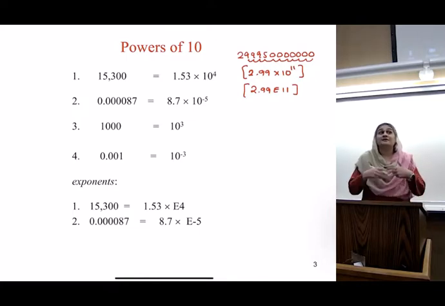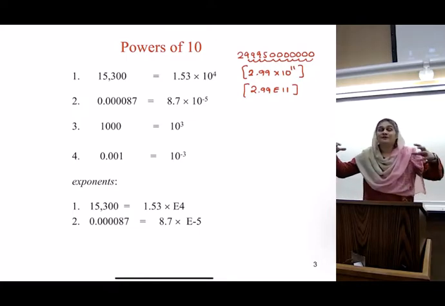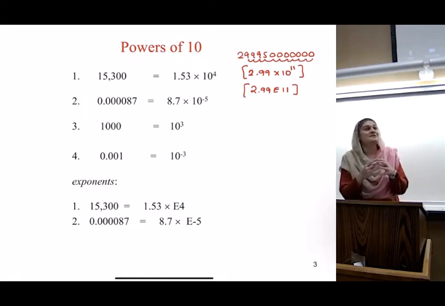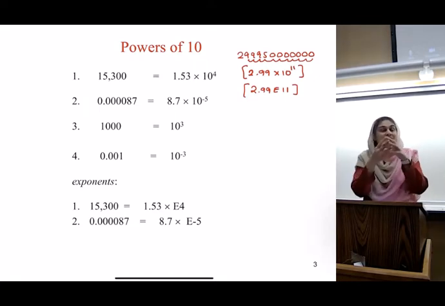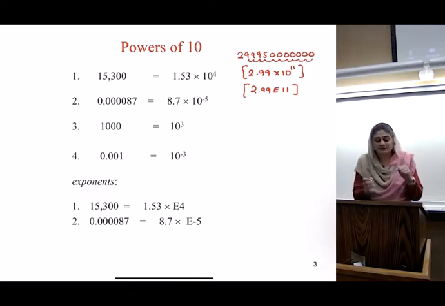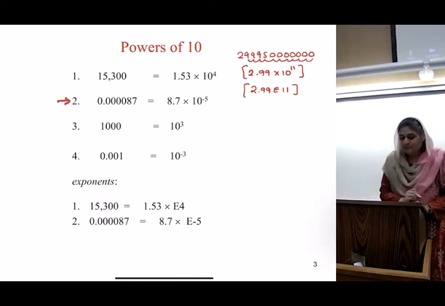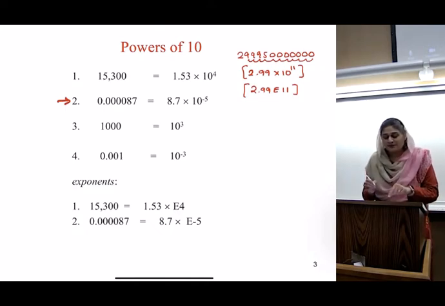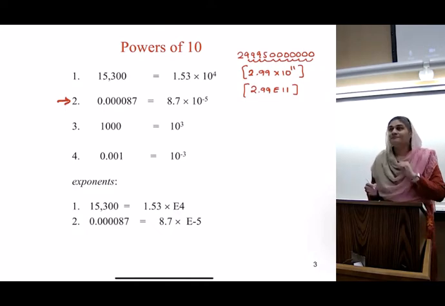So instead of writing a really long number, you've condensed it. We've called it the scientific notation, and we've condensed it and made life easier for us. The same thing we can do if we have a very small number, like 0.000087.